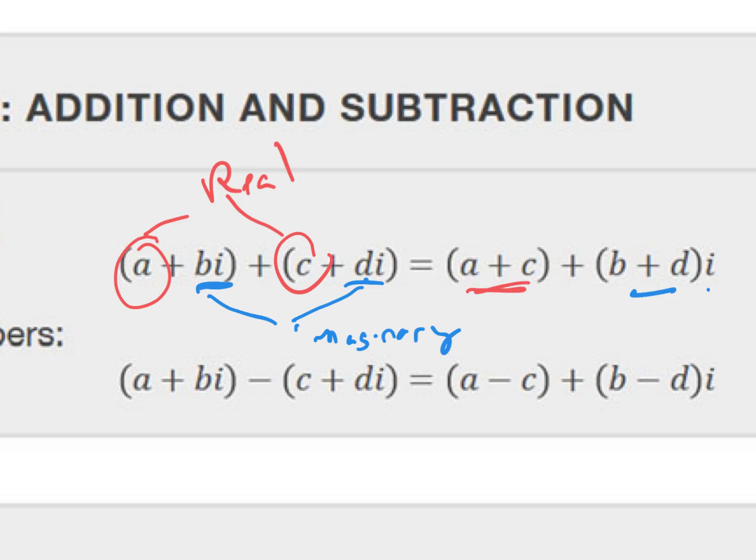Subtraction is very similar, but I need you to realize that this minus here has to be distributed. Now I'm going to show you what they did on the right side. I have my a plus bi, but then I can say plus a negative c, a negative di.